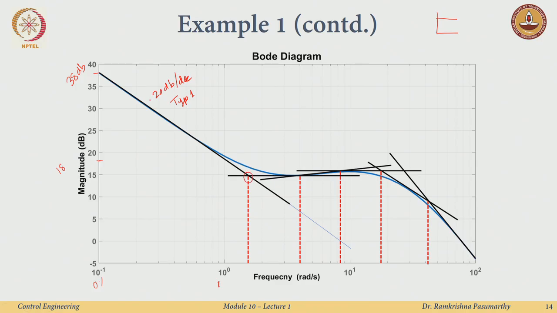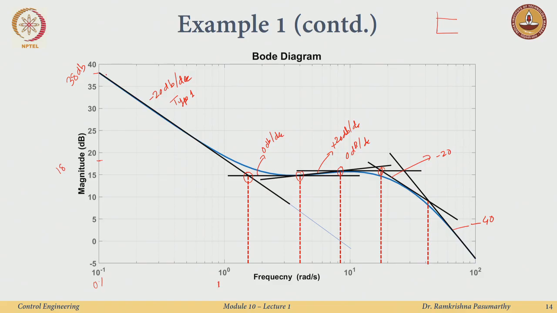This is 0 decibel per decade, and I keep going, and I see that again at this corner frequency I am at plus 20 decibel per decade, and again around this frequency it becomes 0 dB per decade. Then at this frequency I am at minus 20, and here I am at minus 40.